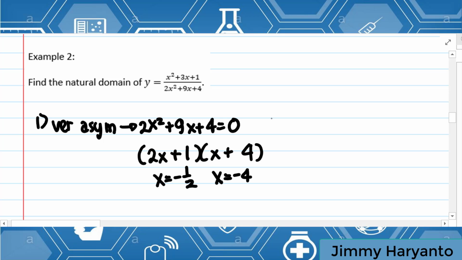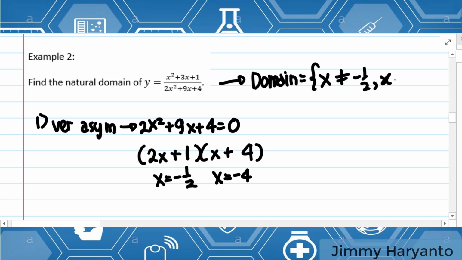So the domain will be x cannot be the vertical asymptotes, and then x is in the reals, guys.